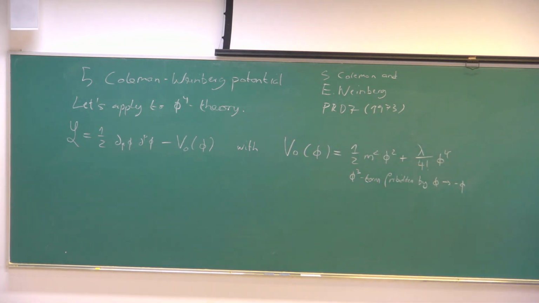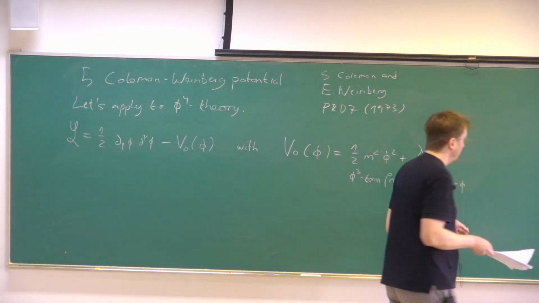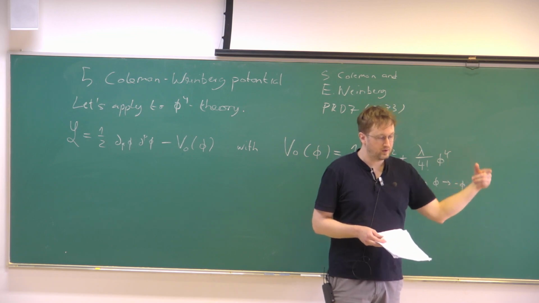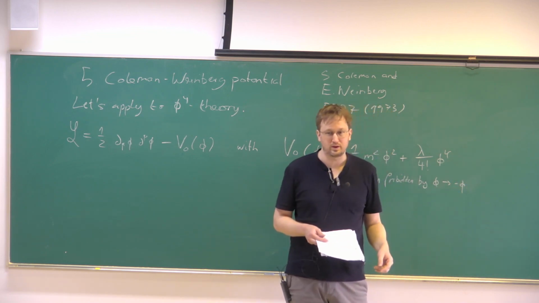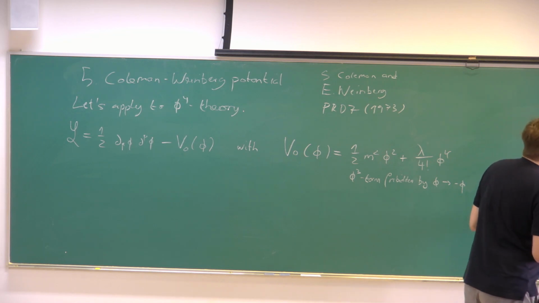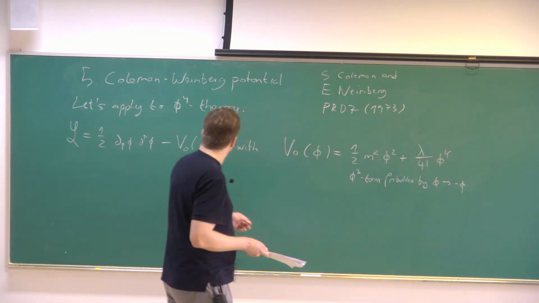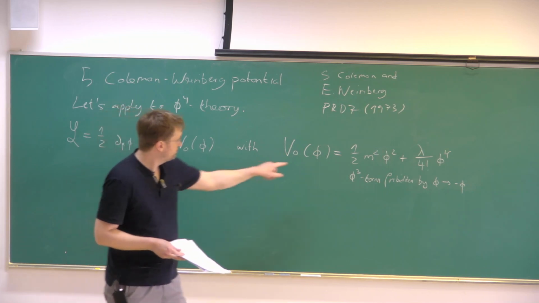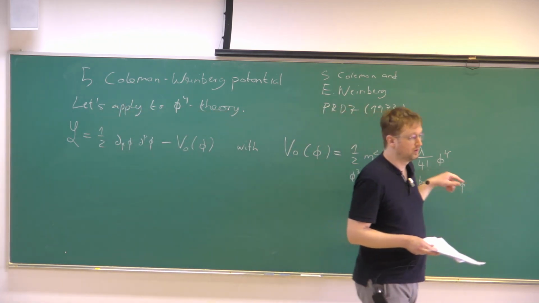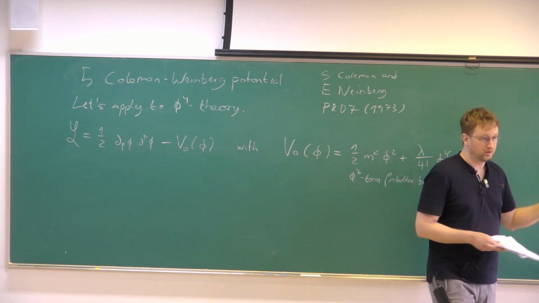Now looking at this formula, in this theory we have to calculate these 1PI correlators. As I said last time, 1PI means that you cannot separate the diagram into two pieces by cutting one line. In this theory everything is at least quadratic in phi, so there's always an even number of outer particles.